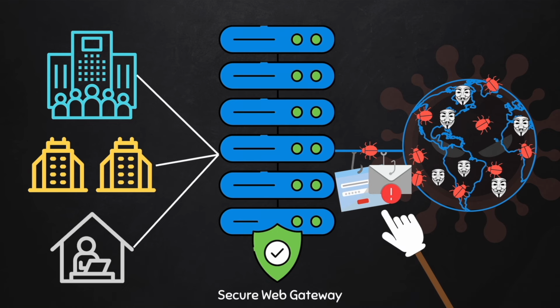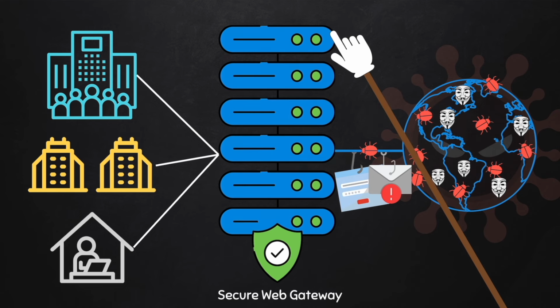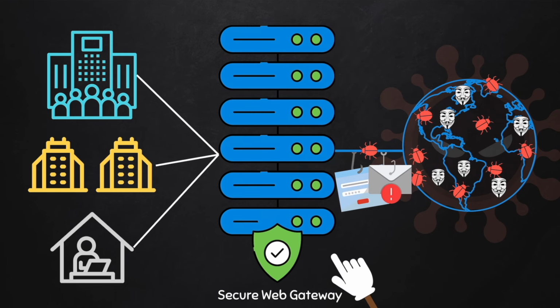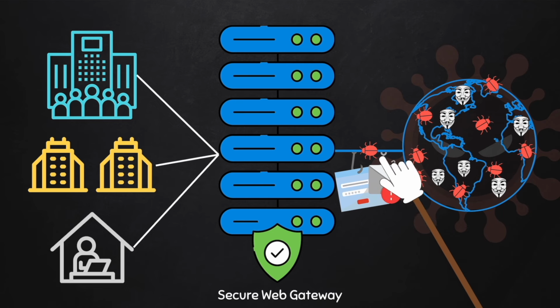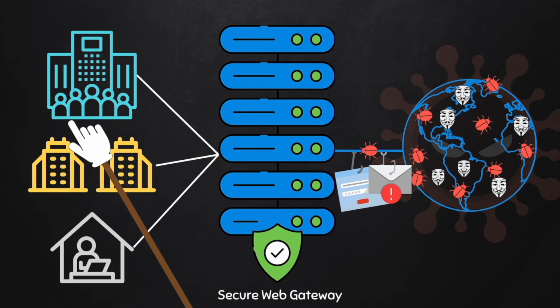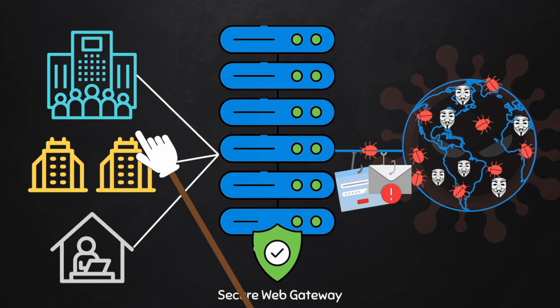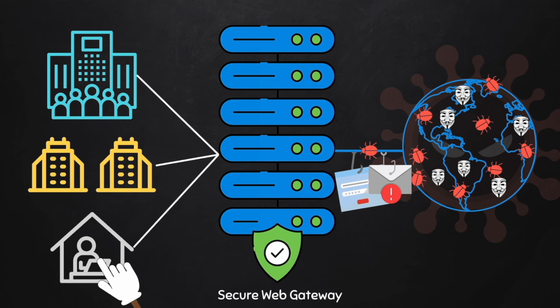And as you can see, the idea is that you have some kind of a gateway that would stop all of these threats. So they can exist on the internet, they can go all the way to the gateway, but the gateway is going to stop all of these threats and make sure that the employees, whether they're working from an office or if they're working from home, are safe and secure.